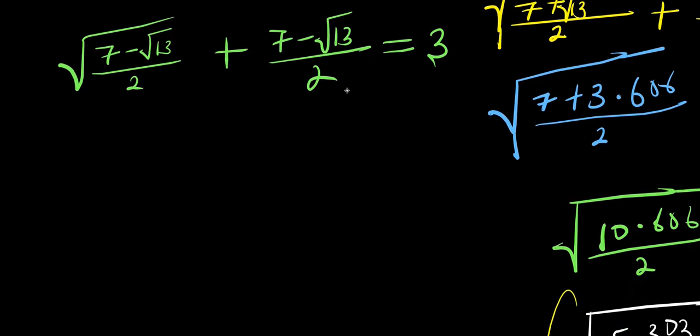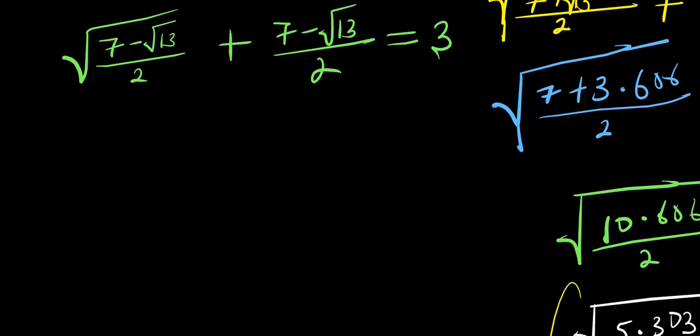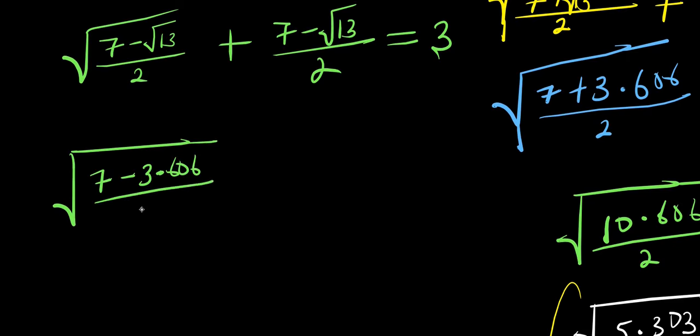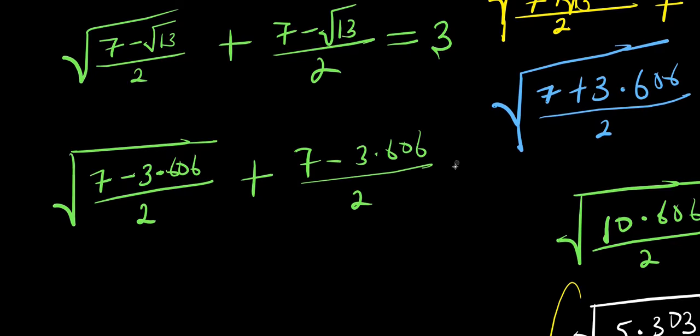And from here, root 13 is 3.606. We have square root of 7 minus 3.606 divided by 2 plus 7 minus 3.606 divided by 2 equals 3.